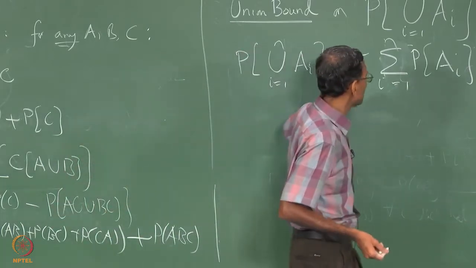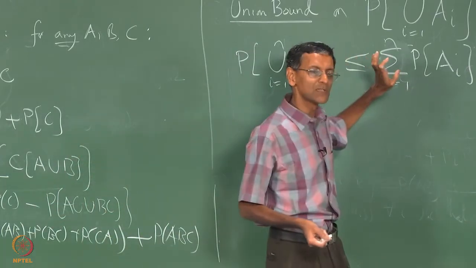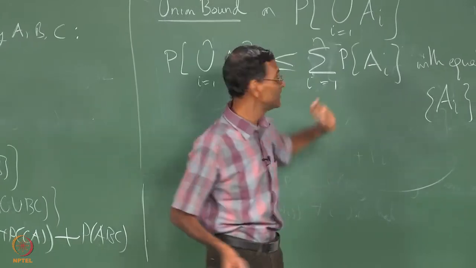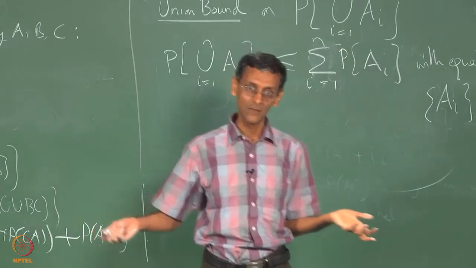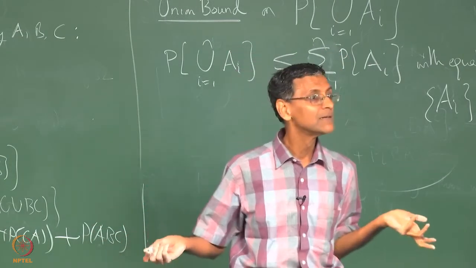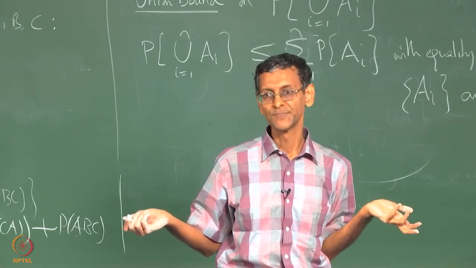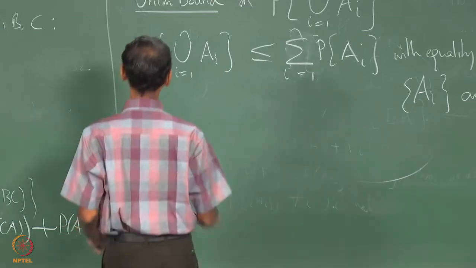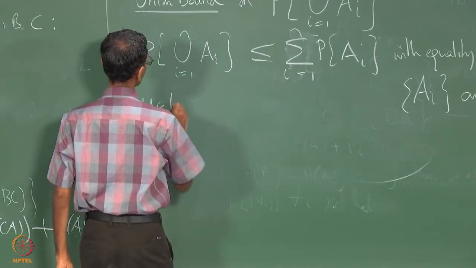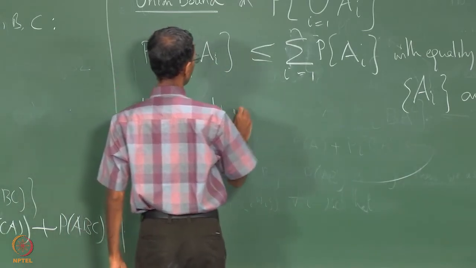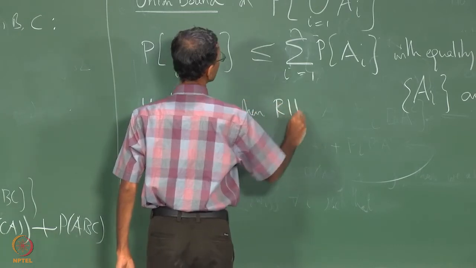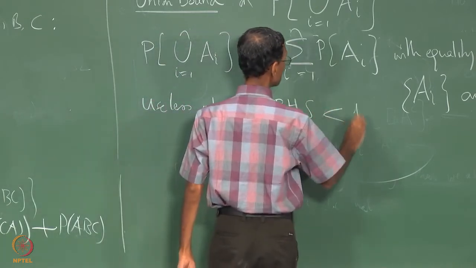But the utility of this union bound, when does it become totally useless? If the right hand side is bigger than 1 or even equal to 1, then the union bound is useless. So it's useful only when the RHS is strictly smaller than 1.